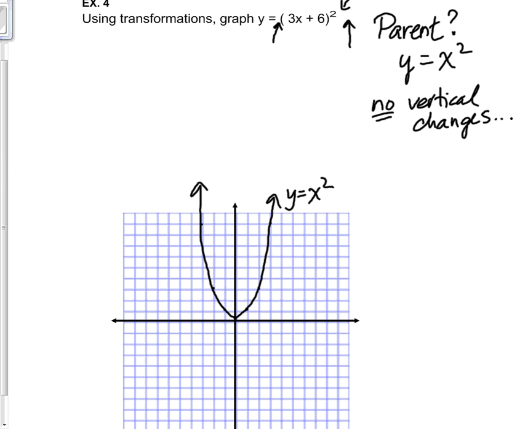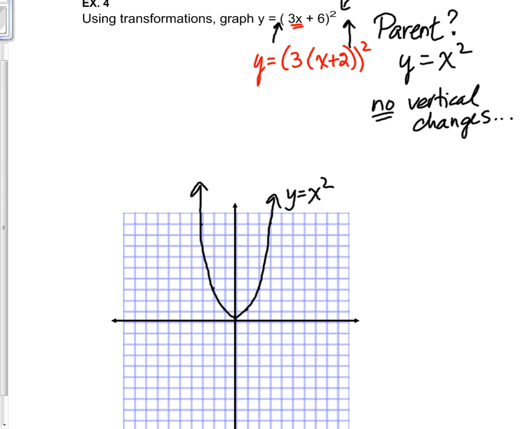I also see a glaring problem inside the function: I don't have an x plus a number. I have 3x plus a number, and that's not what we look for in transformations. So I'm going to write my function out, seeing it like I am used to seeing it, factoring out the 3: 3(x + 2) squared. I've got x plus a number.